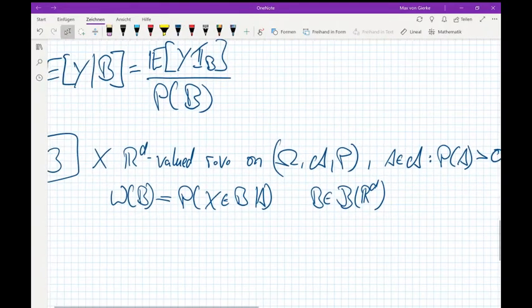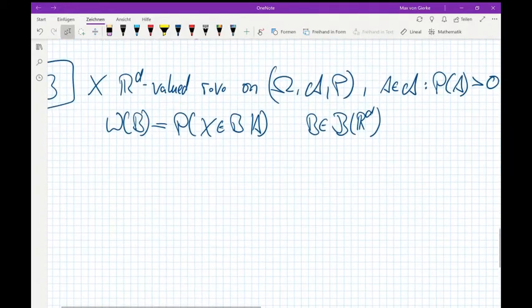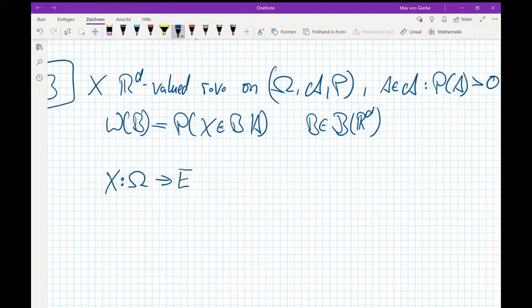Okay, and let me just quickly do a reminder of what R^d valued means and what it means to be on this probability space. So a random variable is just a function from something to, let's call it something, which is measurable. Okay, this was super vague what I just said.